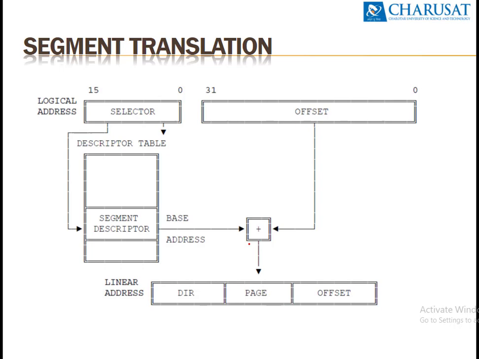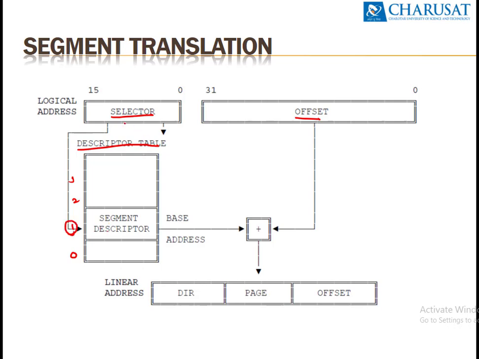This is the mechanism of segment translation, where the selector is 16 bits and the offset is 32 bits. This is the descriptor table, and the descriptor table has indexes. This is index 0, this is 1, then 2, 3, and so on. The segment descriptor, as this arrow indicates, is the one which has index equal to 1.